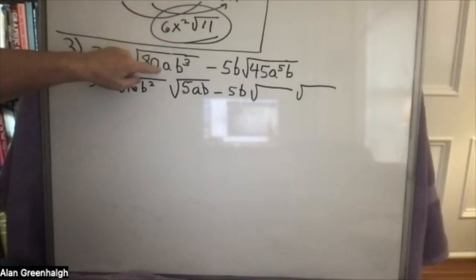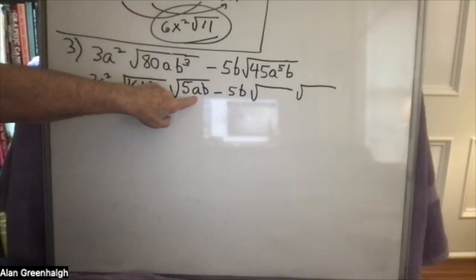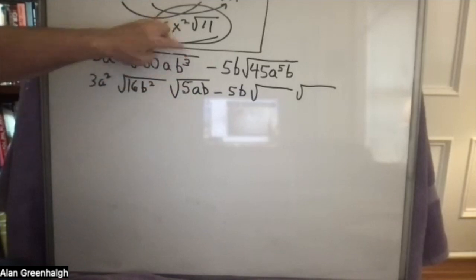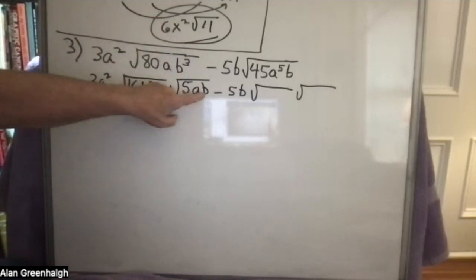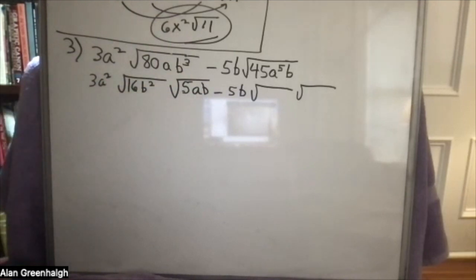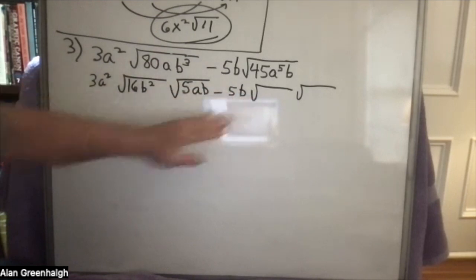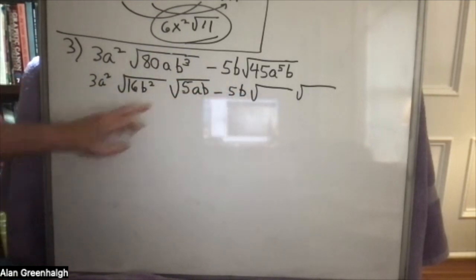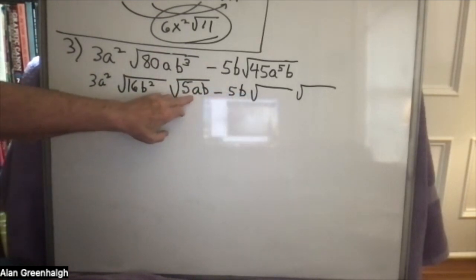A, there's nothing you can do with, so you stick it in the junk pile, so to speak. And b to the third, you make b to the second, and then b. Okay? And let's leave it like that and go here. Now, this is going to be the key one over here.